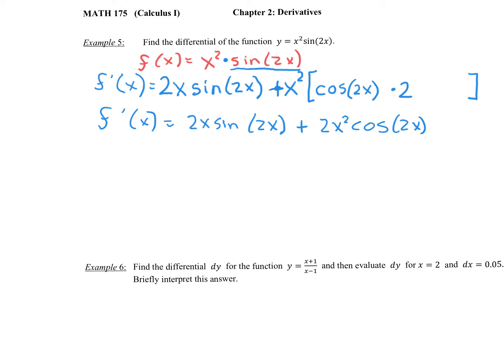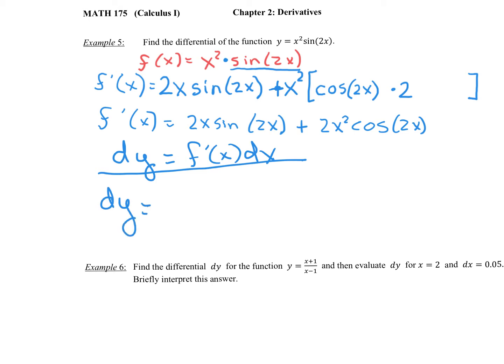Okay, now let's continue. We know our differential is dy equals f prime of x dx. That's what we just did about 40 seconds ago. So if we want to know what our differential is, we take our derivative here, right?